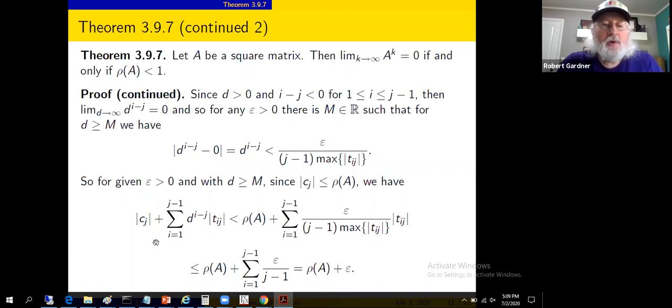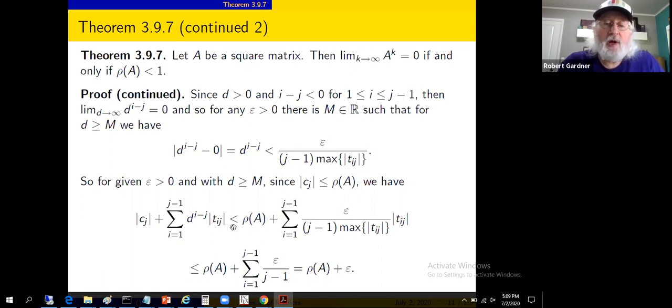So if we look at some of the stuff we had on the previous slide, the modulus of c sub j plus the sum of the remaining entries, 1 through j minus 1, entries in the jth column of the matrix product. This quantity we had before, we know c sub j in modulus is less than or equal to the spectral radius.